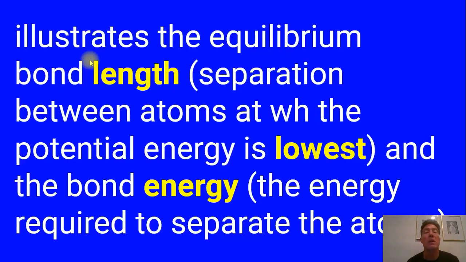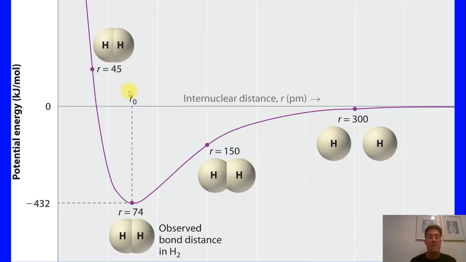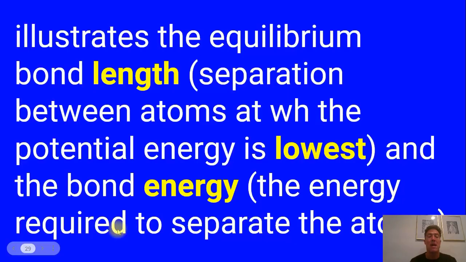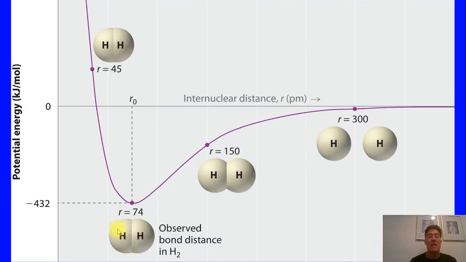So it illustrates the equilibrium, the bond length that we get, where the atom is as close as it can be, but not so close that it starts to experience repulsion. So it's maximizing attractive forces, minimizing repulsive forces. And at that point, its potential energy is at its lowest.